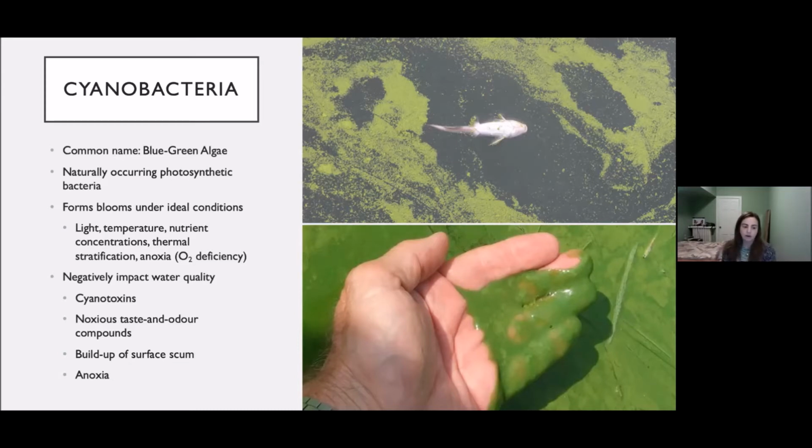They also produce noxious taste and odor compounds and build up surface scum, which combined with cyanotoxins increase drinking water treatment plant costs. And they can also result in anoxia. When blooms die and decompose, they decrease dissolved oxygen content in water and cause hypoxic or anoxic dead zones, which can kill multicellular life.